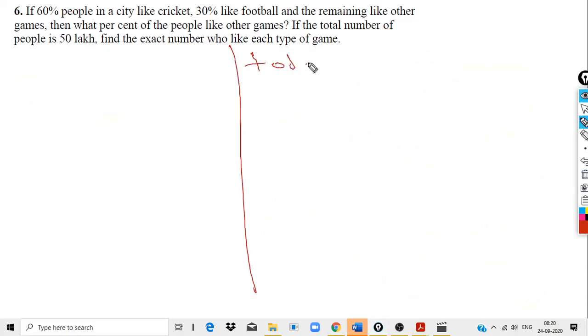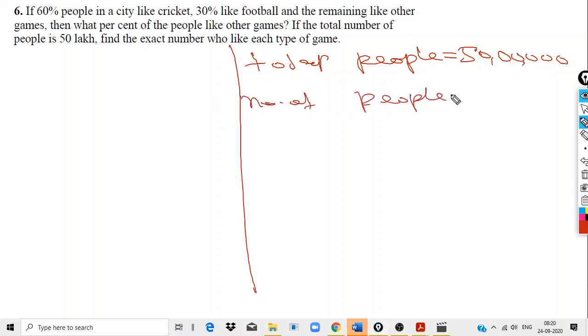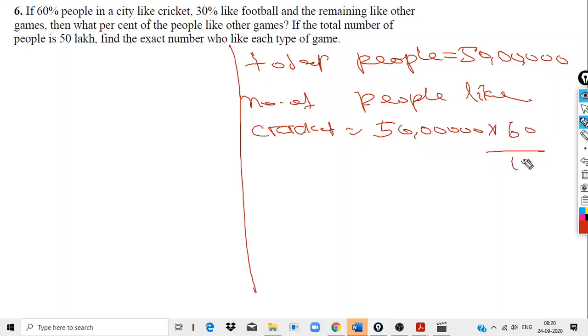Again we will write total people equal to 50 lakh. Okay, here cricket. Number of people who like cricket is equal to 50 lakh into 60%, 60 by 100.